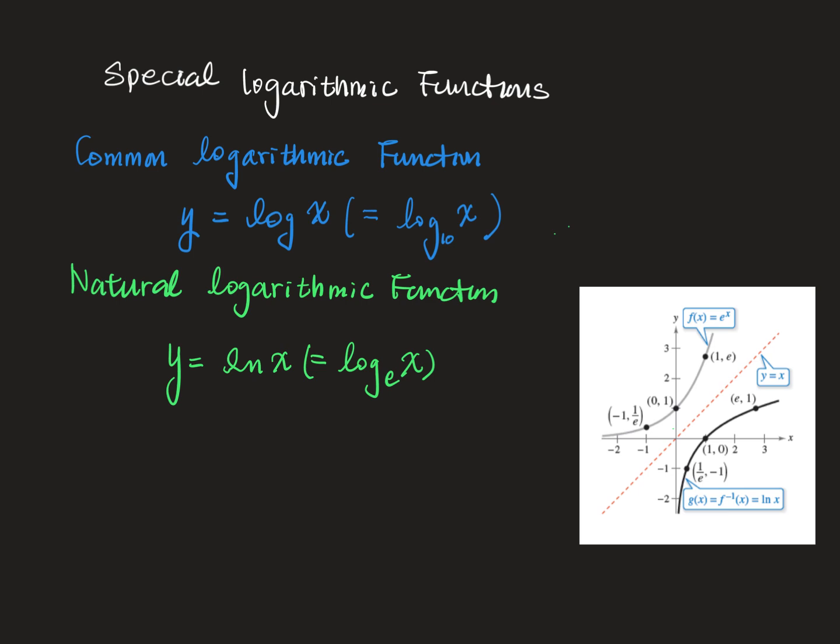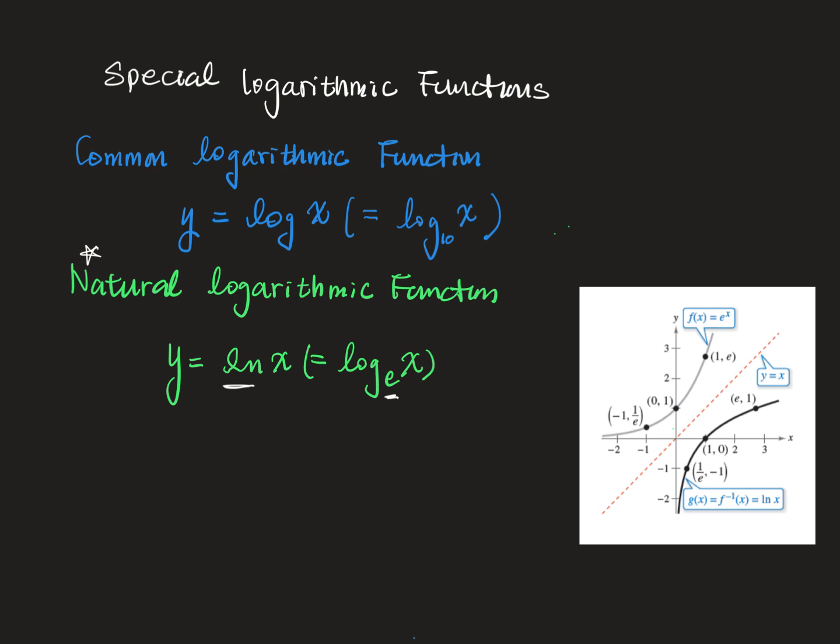Another special log function is the natural log function, which is ln x. What does ln mean here, guys? ln is the natural base. So these are two very special log functions. The more popular one is the natural log function. How are we going to sketch the ln x graph, guys?